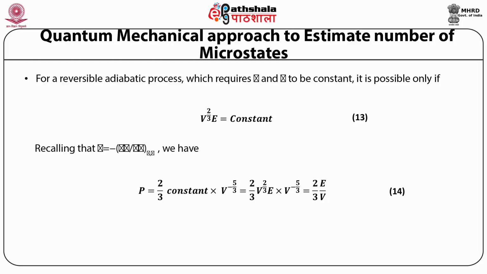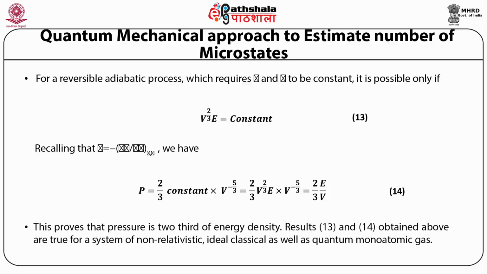Recalling that pressure is equal to negative of the partial derivative of energy with respect to volume at constant N and S, we have P is equal to 2/3 constant multiplied by V raised to power minus 5/3, which is equal to 2/3 V^(2/3) E multiplied by V raised to power minus 5/3. If you simplify it, it becomes equal to 2/3 multiplied by E upon V. This proves that pressure is 2/3 of energy density.